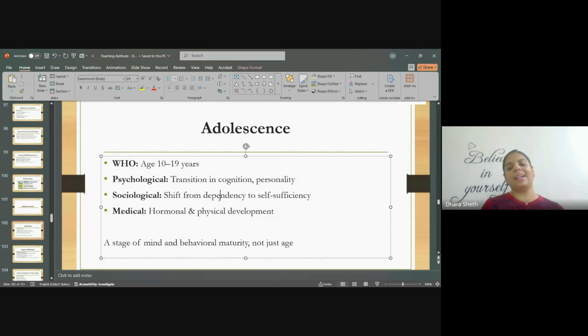Sociologically, shift from dependency to self-sufficiency. So a 7-year child, 8-year child is still dependent on parents. Once they start turning 12, it's said that the frontal lobes develop at the age of 12. So all of a sudden, a child who did not understand what to speak or how to speak, or that secrets are to be kept, I'll give you a very basic example.